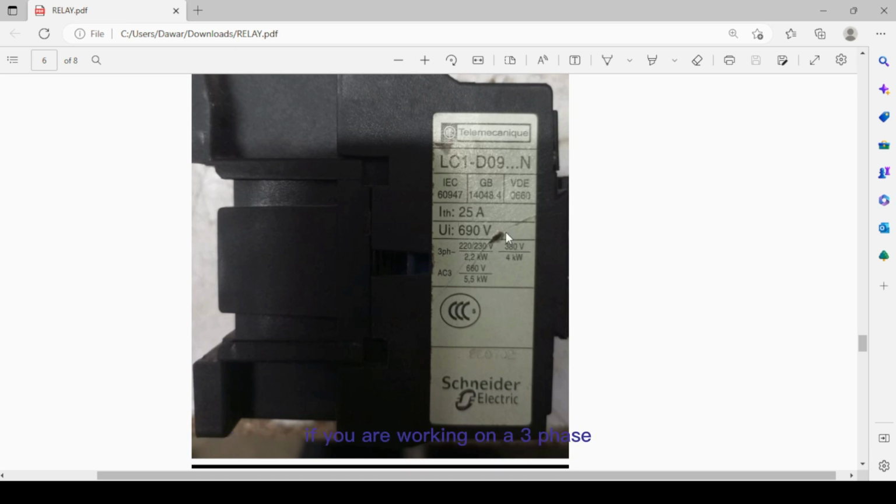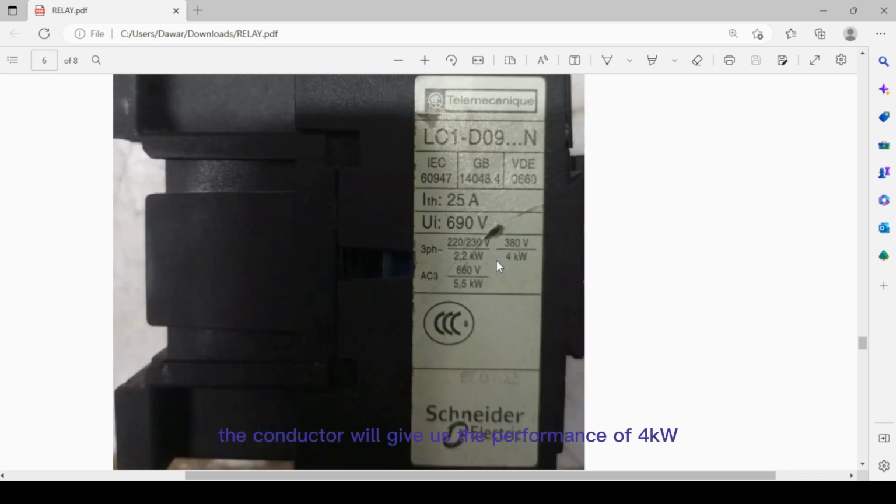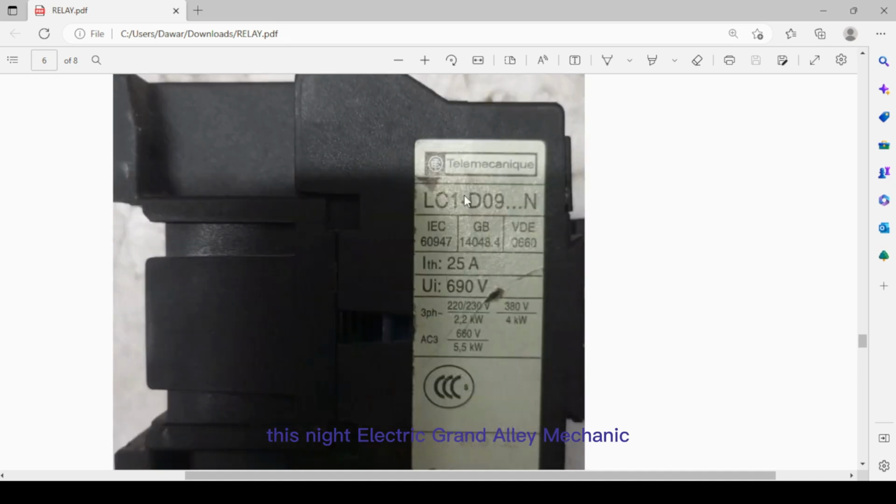If we are working on a 3-phase system, the contactor will give us the performance of 4 kilowatt. If we are working on 660 volt, the contactor will give us a capability of 5.5 kilowatt. This is the Schneider Electric brand Telemecanique.